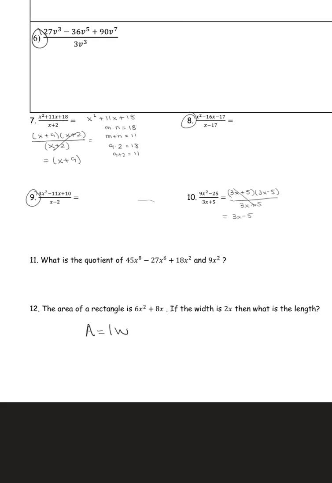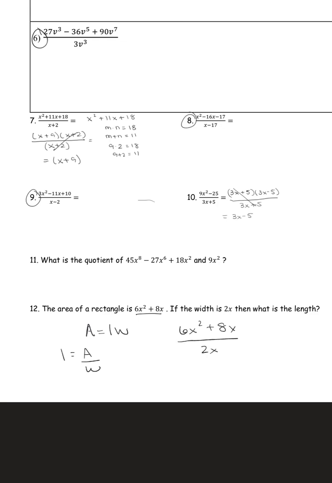All right. So here we're given the area, we're given the width, we're looking for the length. So if we rearrange this formula, we have that L is equal to A divided by W. So we know that our area is 6x squared plus 8x. And we know that our width is 2x.